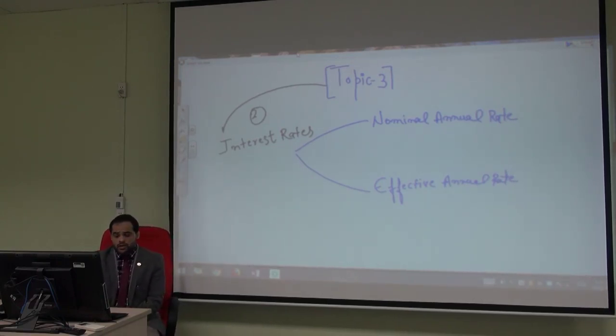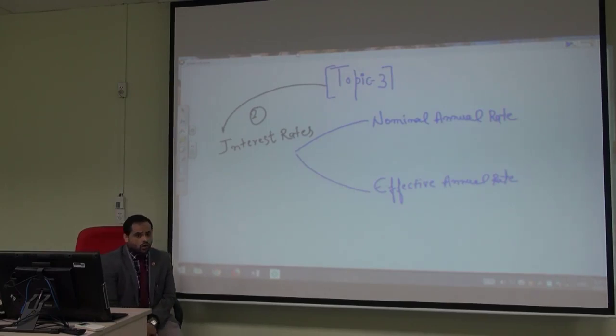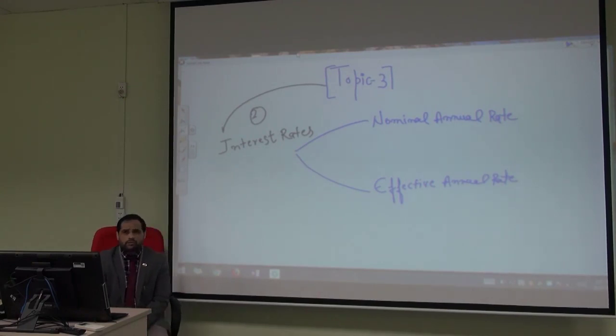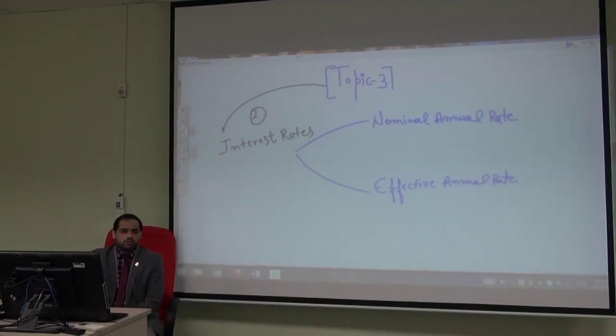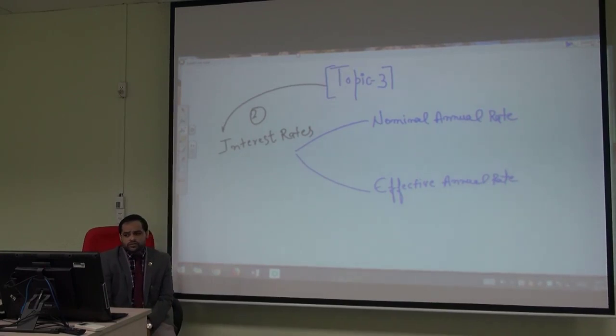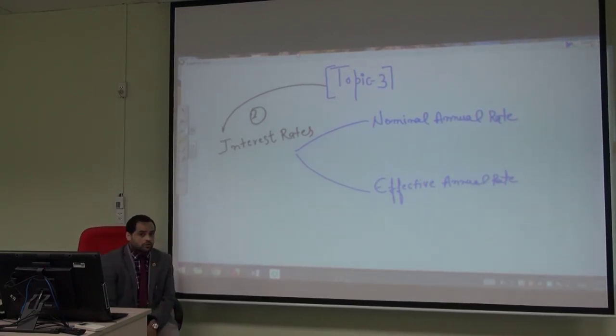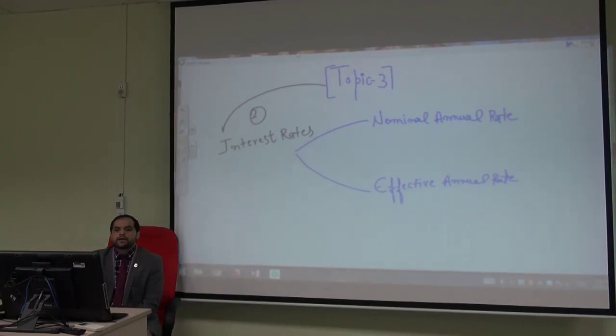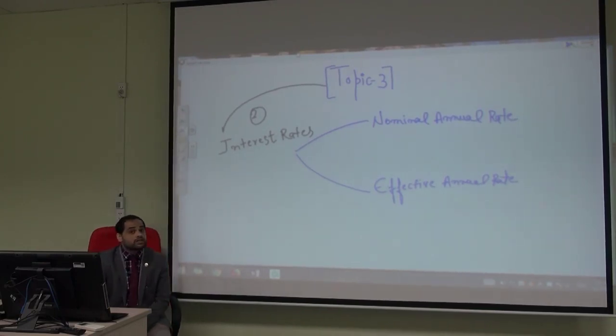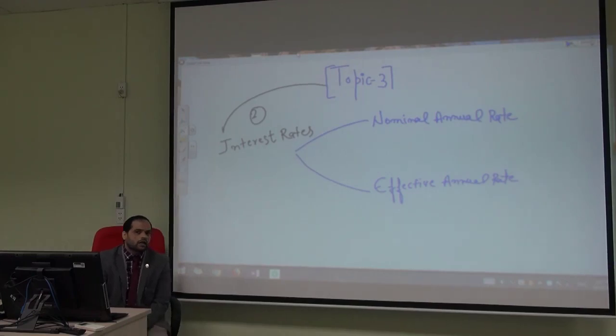But it doesn't mean that we are going to be involved in that investment for 1 year. Probably for 3 months, 6 months, 1 month, right? So in that case, our rate is going to change.